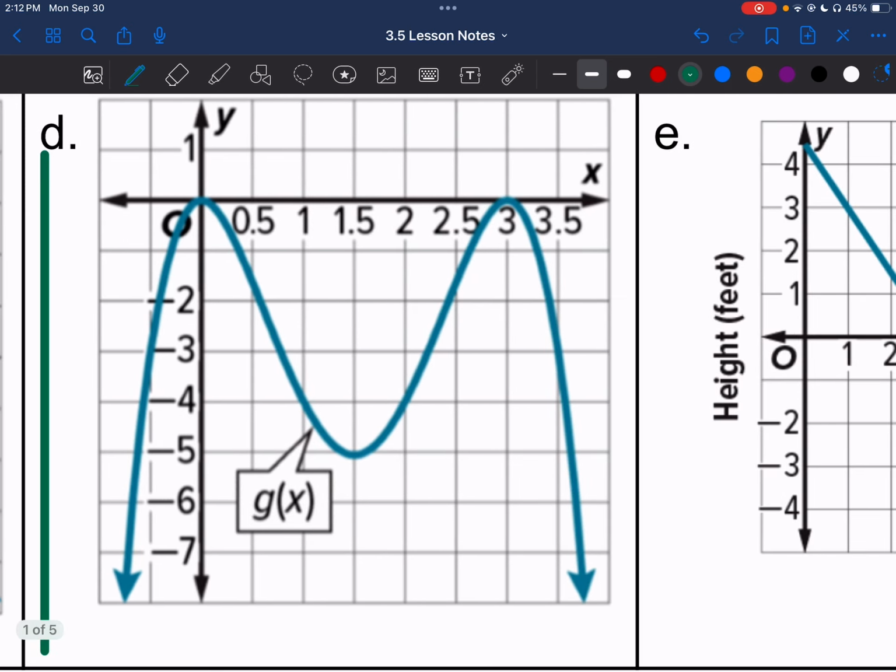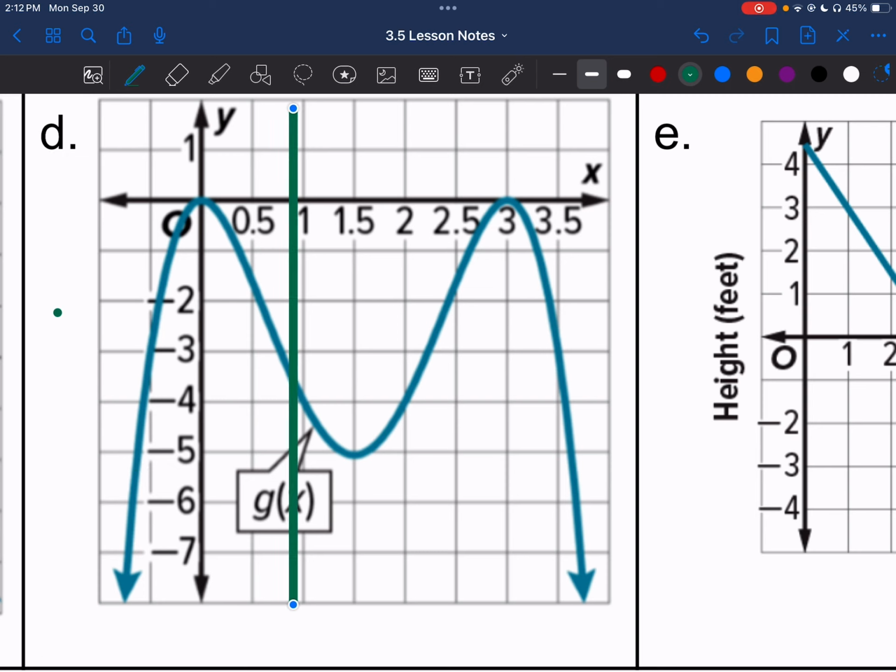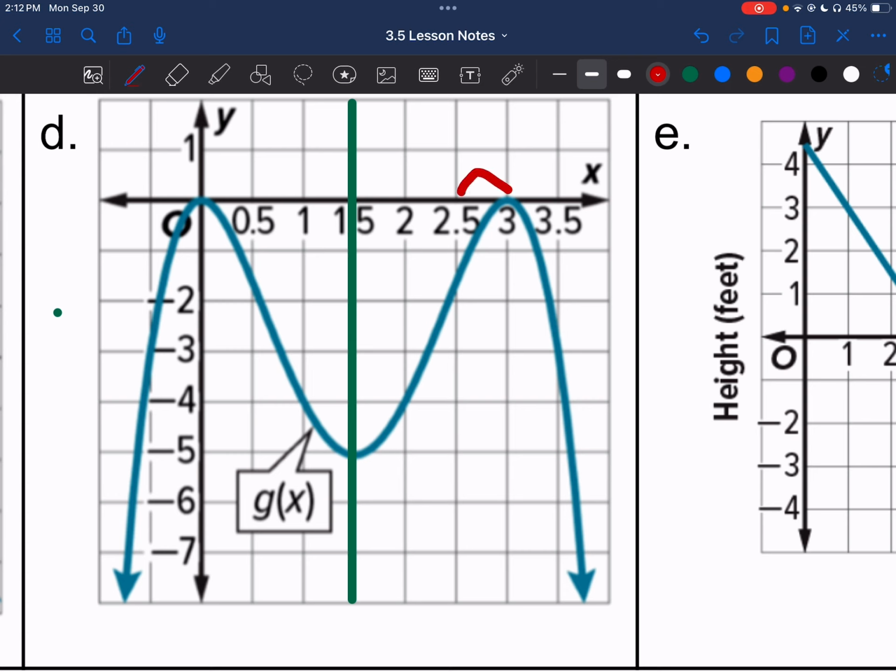Now, letter D. I'm going to grab that line from the previous question. We're going to move that across. I'm looking for a point where the left side is going to match the right side, and I believe I found one right here. I have this M shape, and now it's symmetrical from the left side to the right side. I want it 1, 2, 3 boxes to the left, 1, 2, 3 boxes that way.